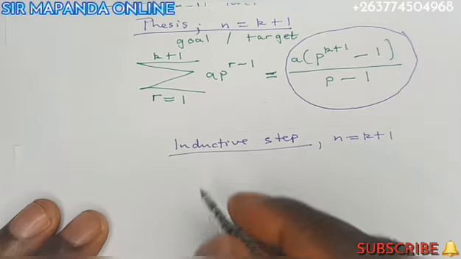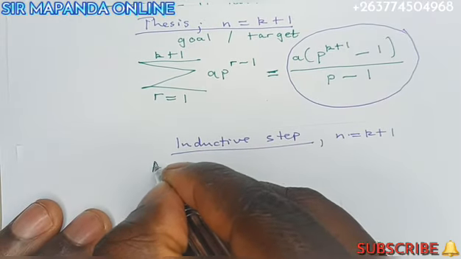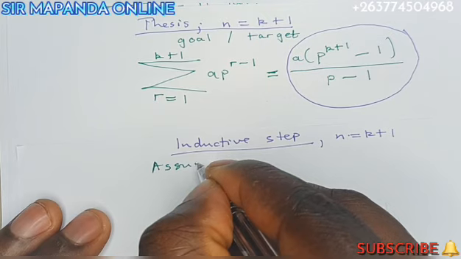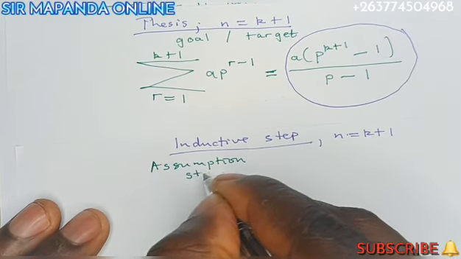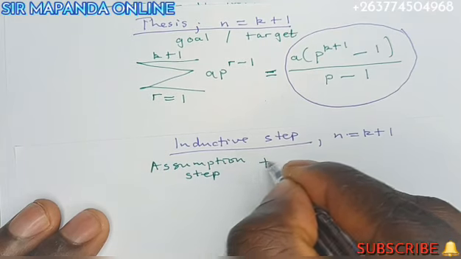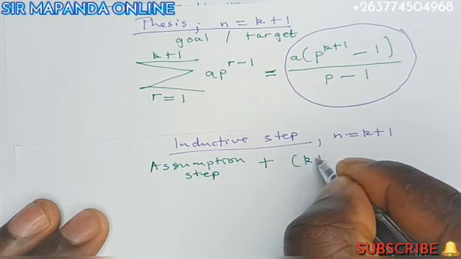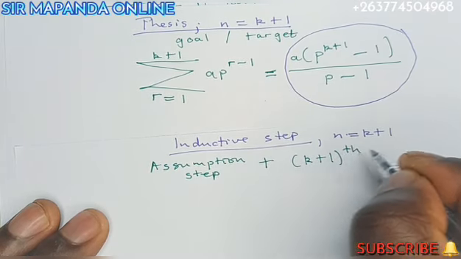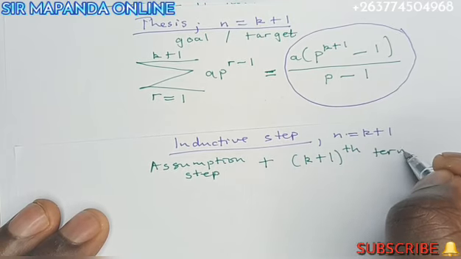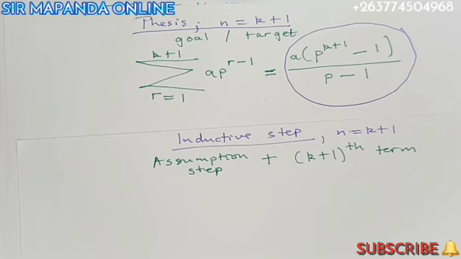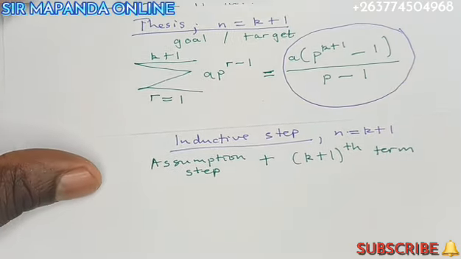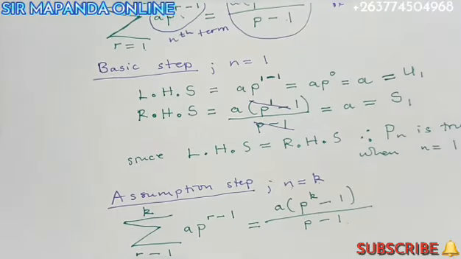Right, so according to the inductive step, we are saying the assumption step is going to be added by the k plus 1th term. I hope you are following. So the assumption step is going to be taken as it is.